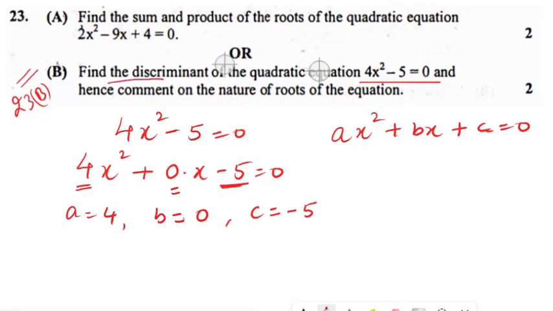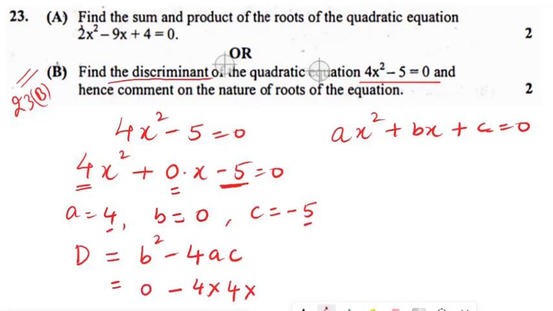Now find the discriminant of the quadratic equation. So D, discriminant, is equal to b square minus 4ac. Put the values. b is 0, minus 4 into a is this, and this is c, into minus 5.